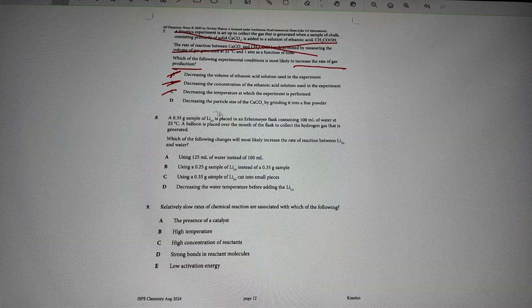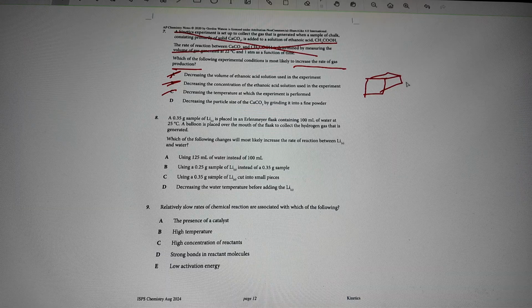And decreasing the particle size. Okay. So let's say you have this big block of something, and you're cooking it. Let's say it's a big steak. Sorry, that doesn't look like a steak. But whatever this is, you're cooking it, right? If I were to break it up into these little pieces, it would cook faster, which is why people cut up their food when they cook it.